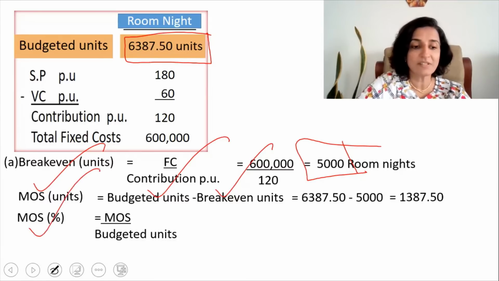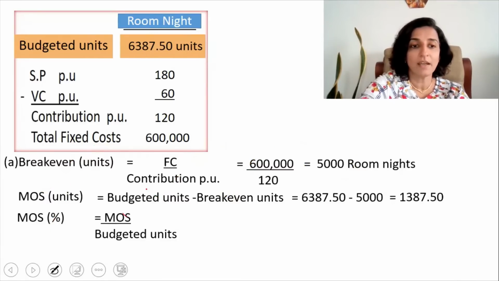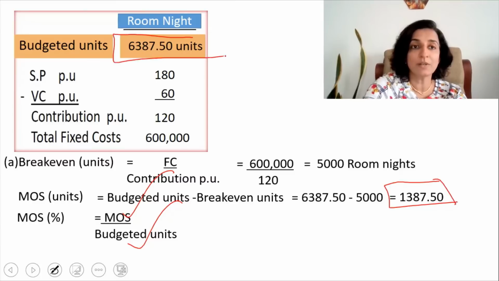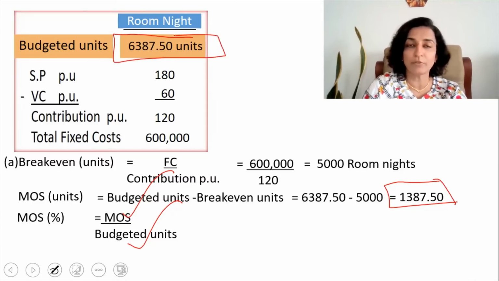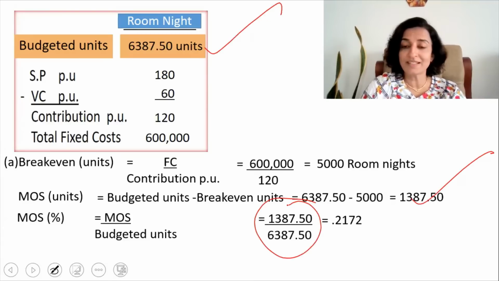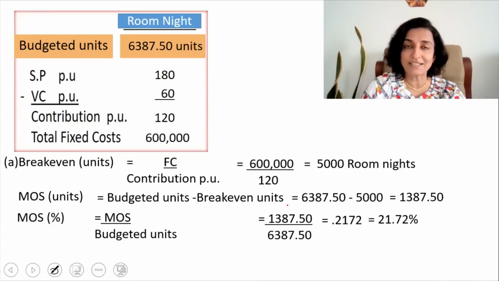And MOS as a percentage is MOS divided by budgeted number of units. MOS is 1,387.5 and budgeted units is 6,387.5. Substituting those figures, we get 0.2172, or expressed as a percentage, 21.72%. So we are done with part A.